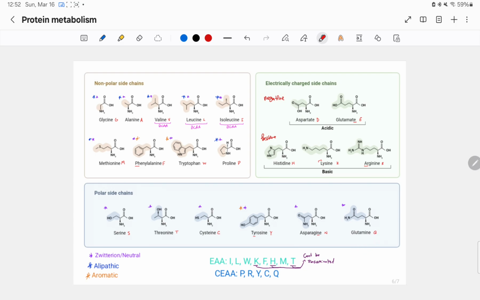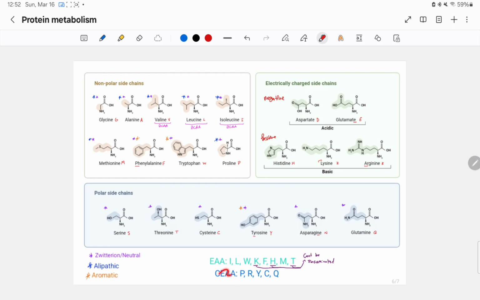One more thing that I do want to mention is this concept of essential amino acids and conditionally essential amino acids. So essential amino acids refers to amino acids that we cannot synthesize in the body. We have to get them from our diet. We have to eat them. Okay, if we don't, we're going to run into big, big trouble. Another thing is that we have conditionally essential amino acids. What do I mean by that?